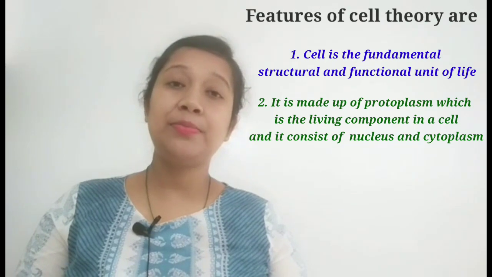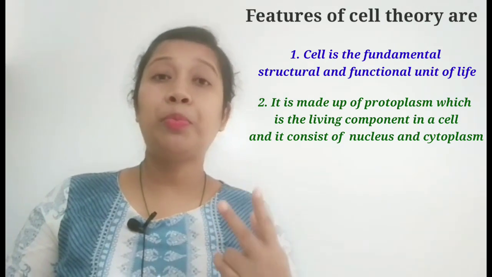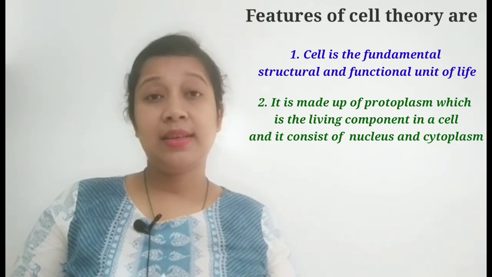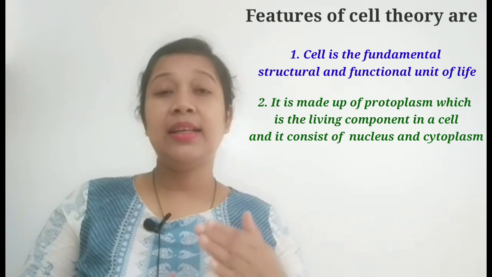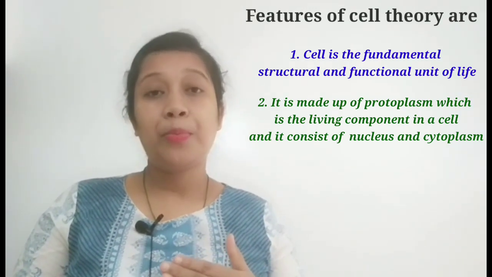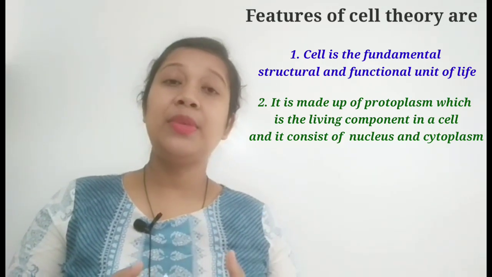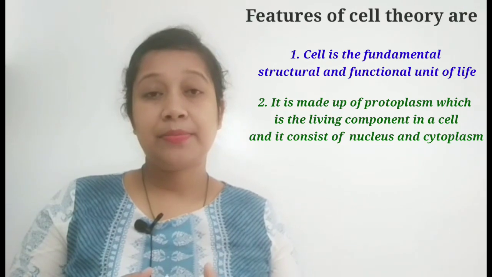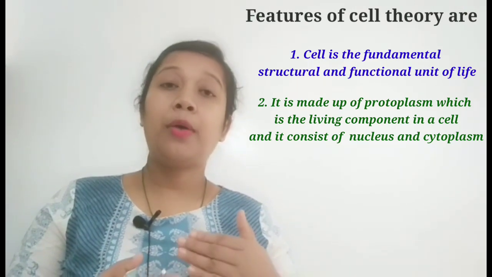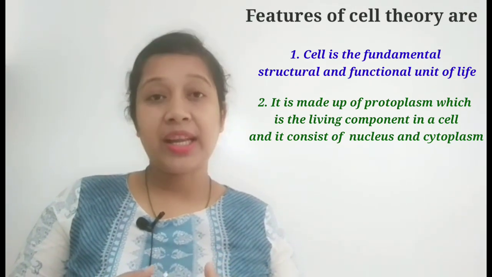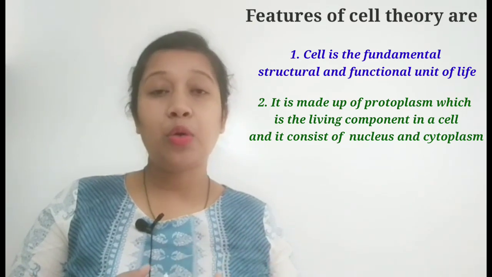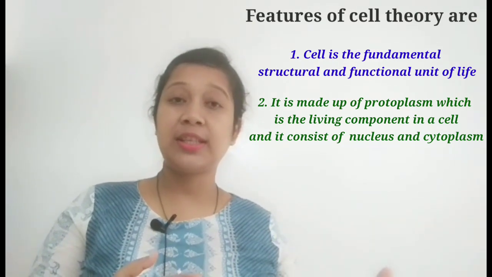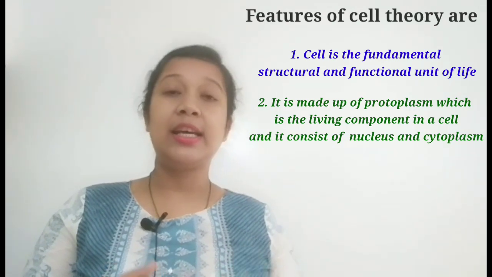And this protoplasm consists of two parts: one is the nucleus and the other is the cytoplasm. And the cytoplasm is again compartmentalized to form cell organelles such as mitochondria, Golgi body, ribosomes, etc., that we are going to discuss eventually in this chapter.